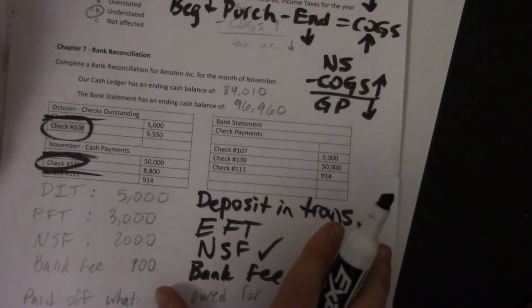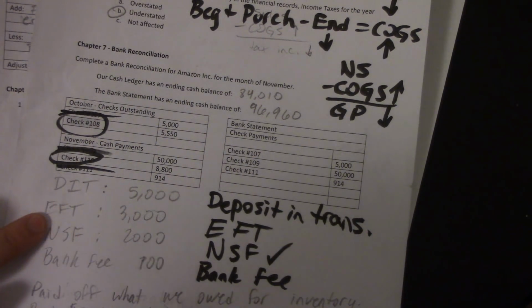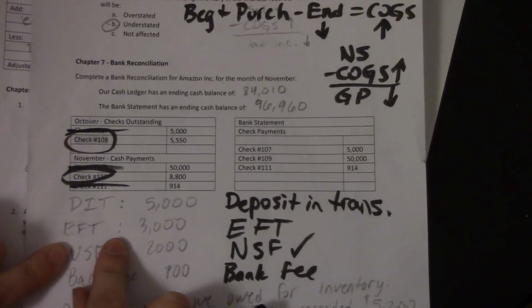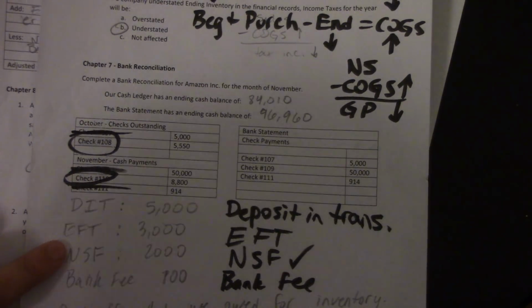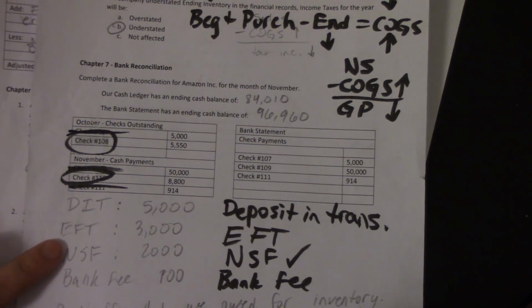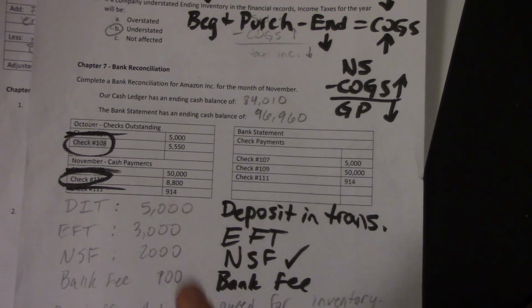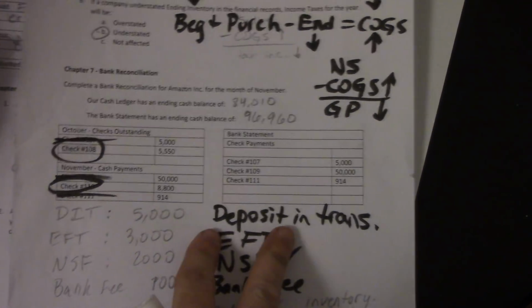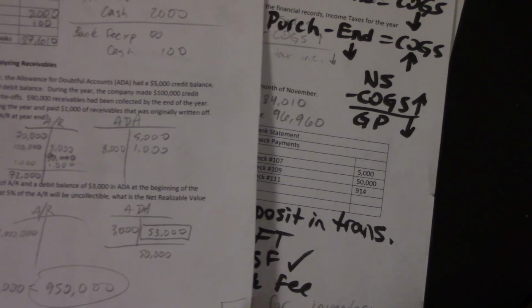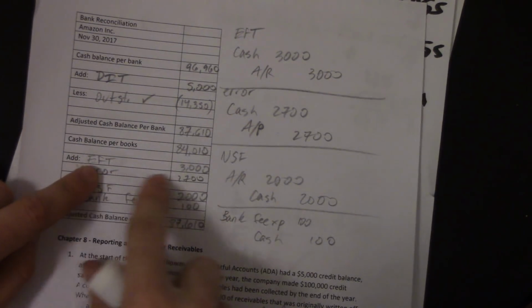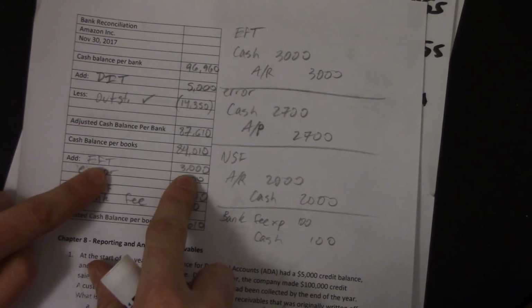Okay, now we can do the book side of the reconciliation. We'll start with this EFT, an electronic funds transfer. This happens when a customer directly deposits a check or some kind of payment into our bank. We did not see the payment, it went straight to the bank. Since we did not see it, we've got to adjust our side of the reconciliation.